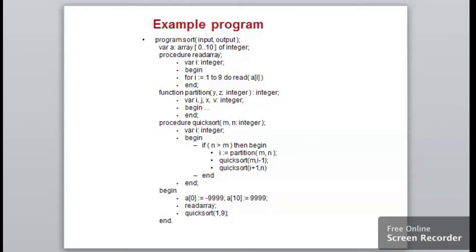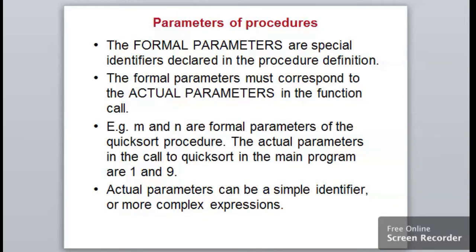Now based on this example, we are going to see some of the other parameters, for example the formal parameters and the actual parameters. The formal parameters are identifiers declared in the procedure definition, which we have just gone through. Whereas the actual parameters in the function call must correspond to the formal parameters. For example, m and n are the formal parameters of the quicksort procedure, and the actual parameters in this call to quicksort in the main program are 1 and 9.